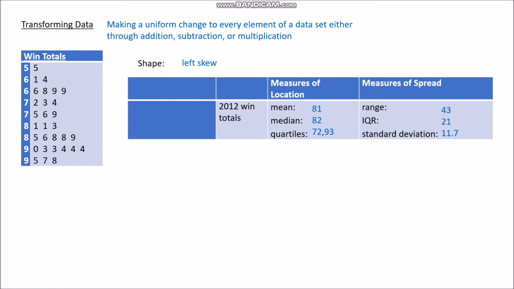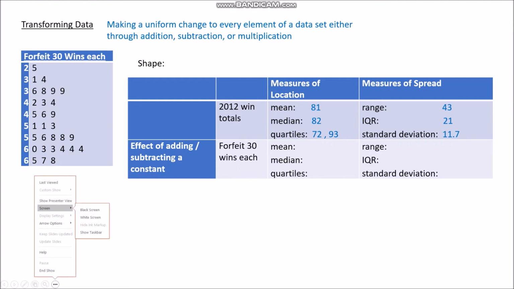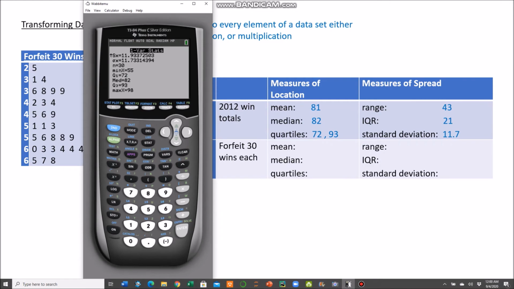All right, now let's look at a couple of transformations. So let's say that every team for some reason had to forfeit 30 wins. Well, when you forfeit, that means you lose those wins. So what we would do is take 30 off of every single team. It looks something like this. The 55 team becomes a 25 and so on. Now, if we're going to throw that in the calculator and see our new measures of location and spread, we just grab the calculator here.